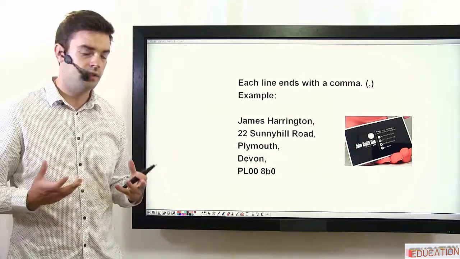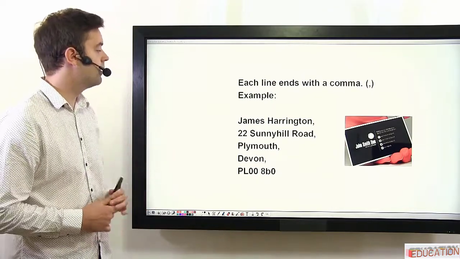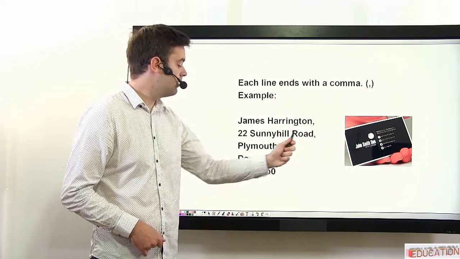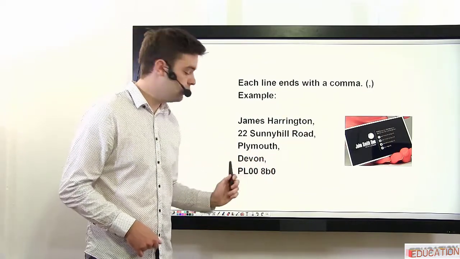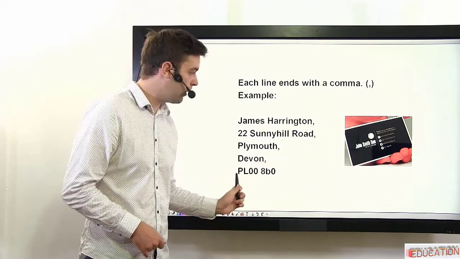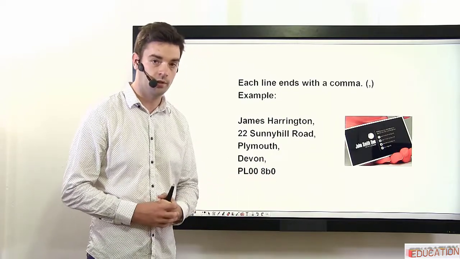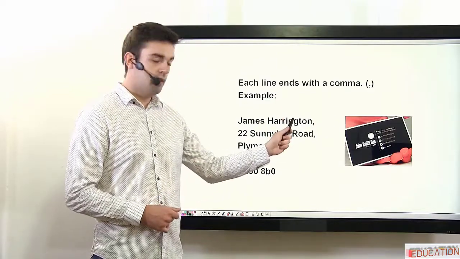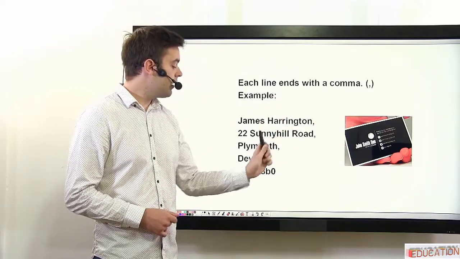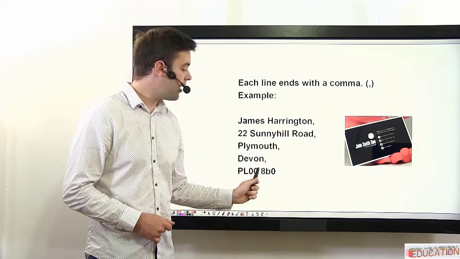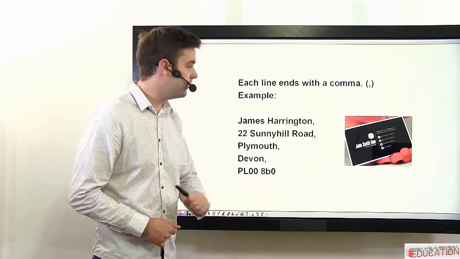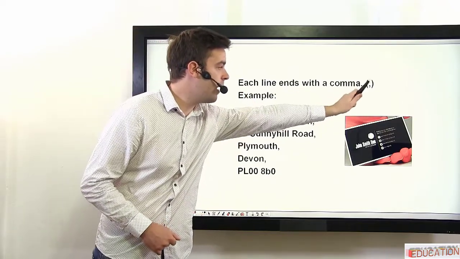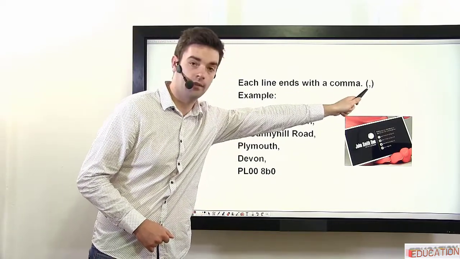It should look something like this. So you've got your name, your street, your city, your region, and your post or zip code. Each line ends with a comma.